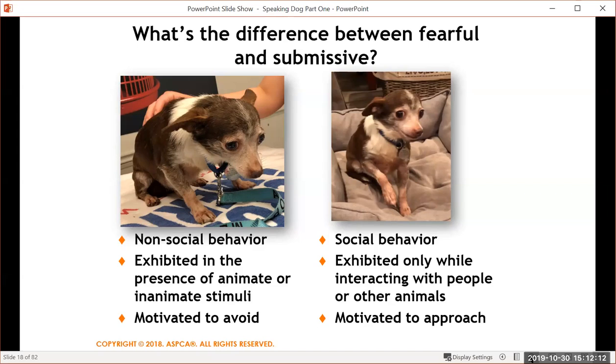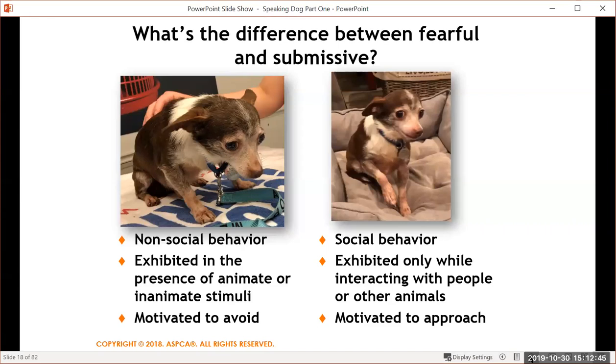Again, a lot of body language that's consistent with fear, with the ears down, the body crouched, eyes big, although I think this dog's eyes are big anyway, no matter what, and the dog is leaning away. And this kind of behavior you will see either in the presence of animate or inanimate things. So it might be afraid of a thing, or it might be afraid of a person or another animal. But still the behavior is non-social, and the dog is motivated to get away, to move away.